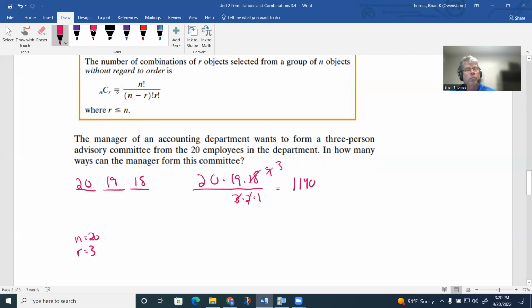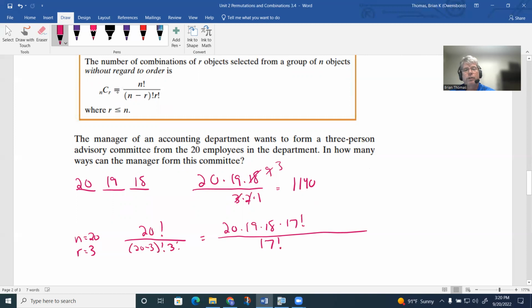So in the formula, you have 20 factorial on the top over N minus R, that's 20 minus 3 factorial, times 3 factorial. On the top, you basically have 20 times 19 times 18 times 17, so we'll just put 17 factorial there. On the bottom, notice that 20 minus 3 is 17 factorial.